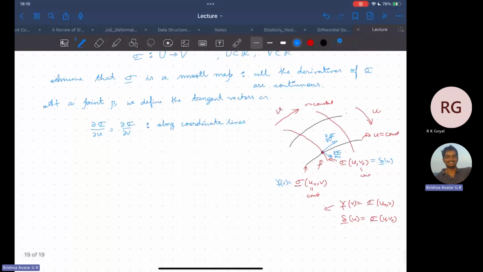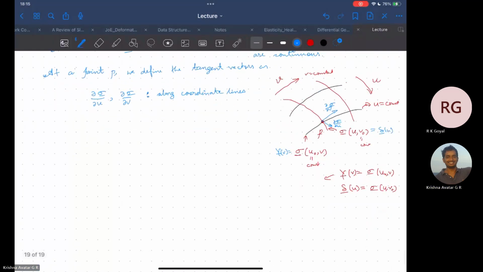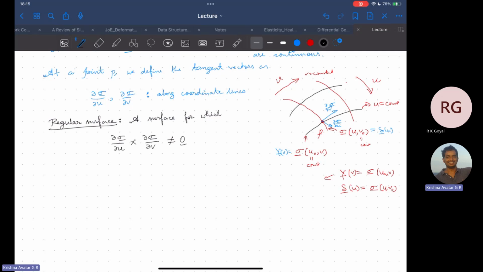Now to define what we call a regular surface, which is what we are interested in: a regular surface is a surface for which partial sigma vector by partial u cross partial sigma by partial v is not equal to the zero vector.